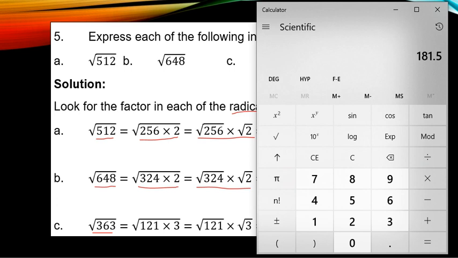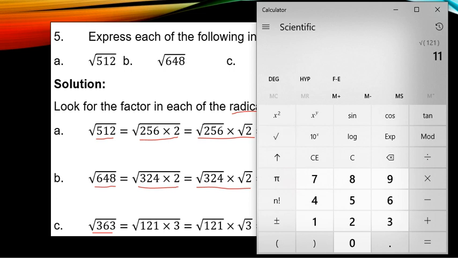So you have 363 divided by 3. What do you have there? 121. So let's find out if this number is a perfect square. You simply look for its square root, and you have 11. So the meaning is that what can replace 363 such that one of the factors is a perfect square is 121 times 3.